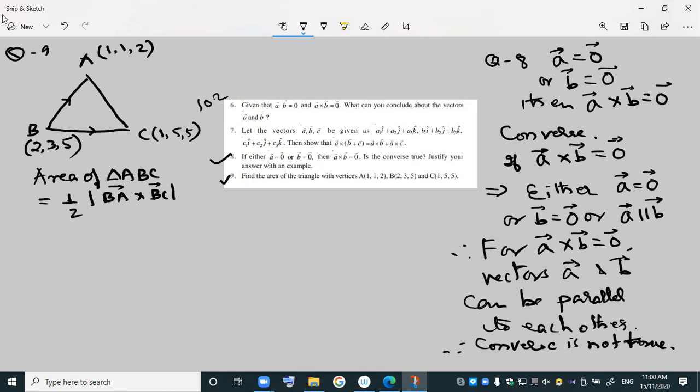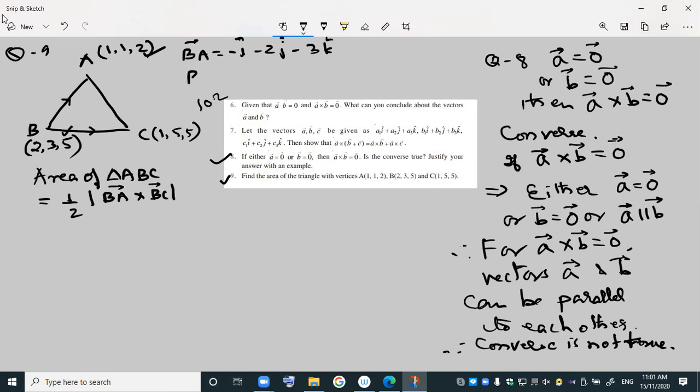What will be BA vector? BA vector means A minus B, OA minus OB: 1 minus 2 is -1, 1 minus 3 is -2, 2 minus 5 is -3.